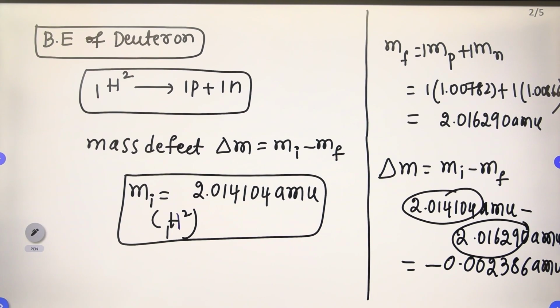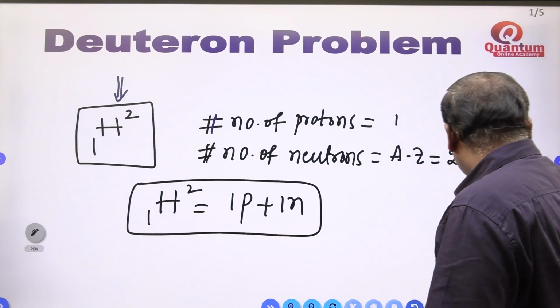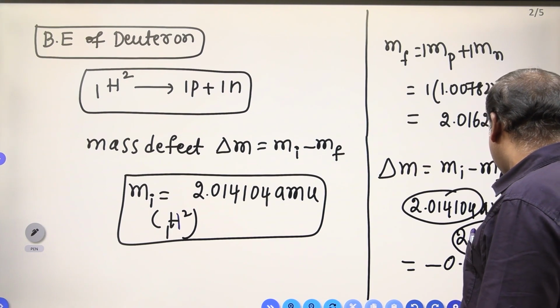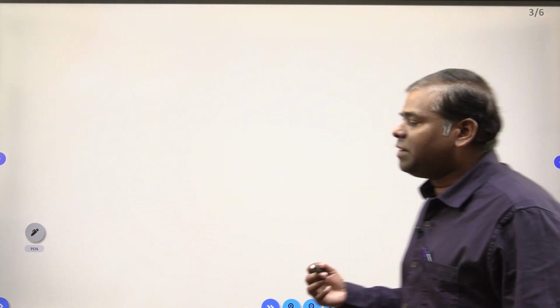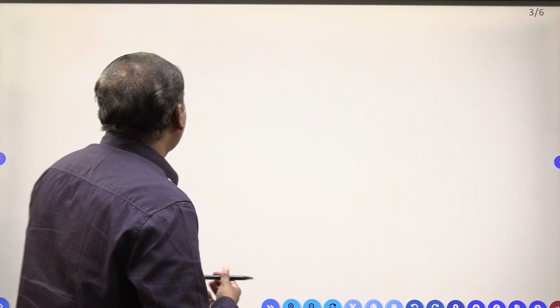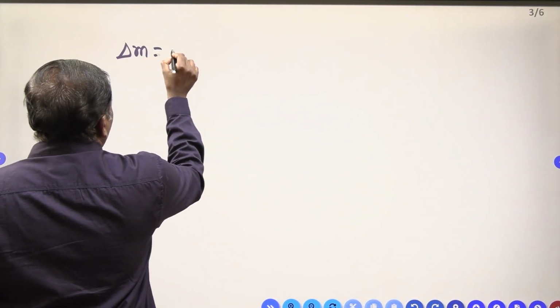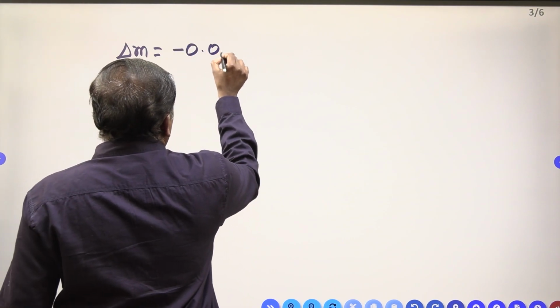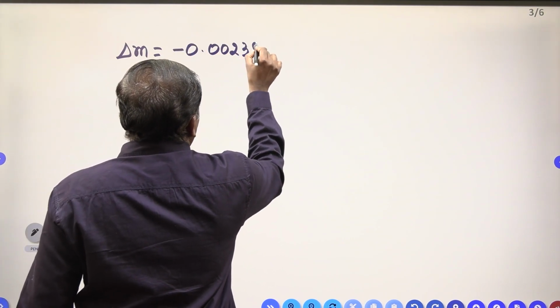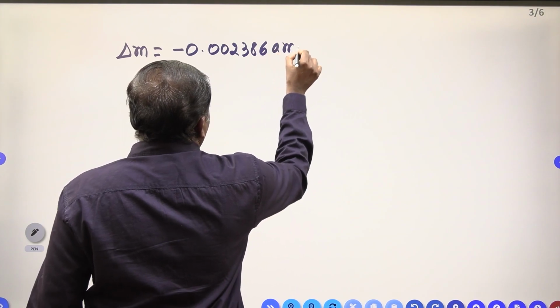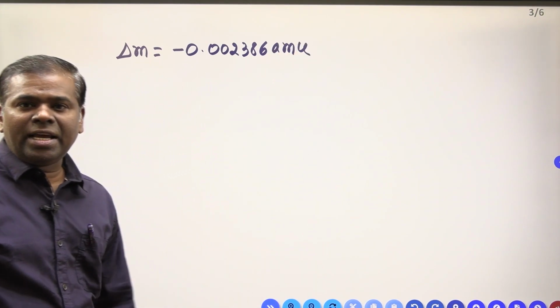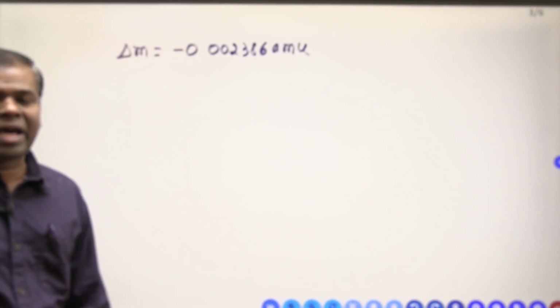Here delta M means the mass defect, so the mass defect delta M is equal to minus 0.002386 AMU.